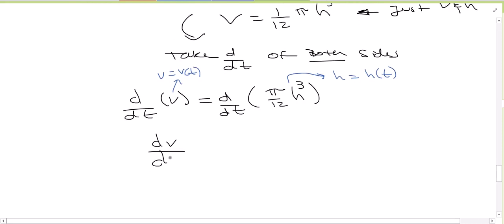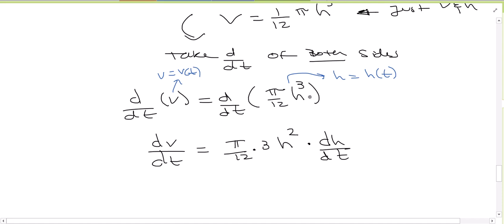So dV/dt then is, take the derivative of this, so I'm going to have pi over 12, that's a constant, so it just tags along with the h cubed, times 3h squared, right? But h is a function of t, so times the derivative of h with respect to t. So that's where we are. And again, we're taking the derivative implicitly.